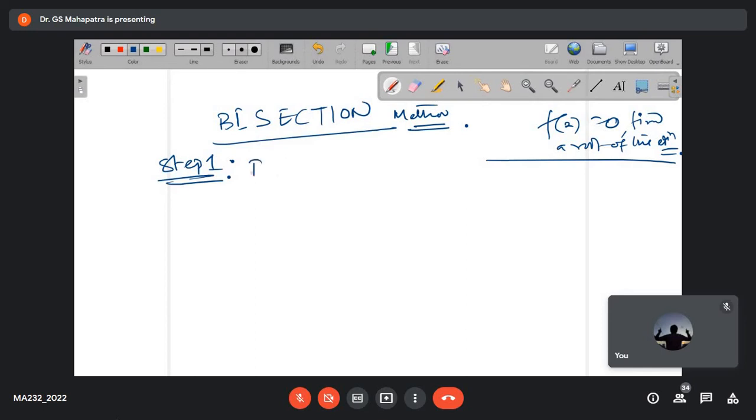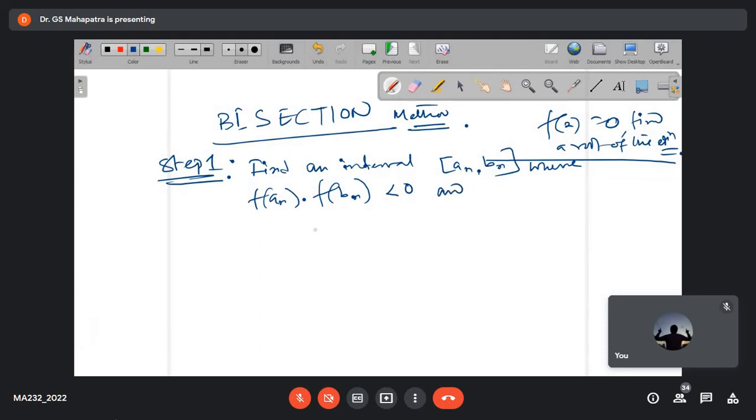Now find an interval a n comma b n where f of a n into f of b n is less than 0 and f dash x maintains the same sign.